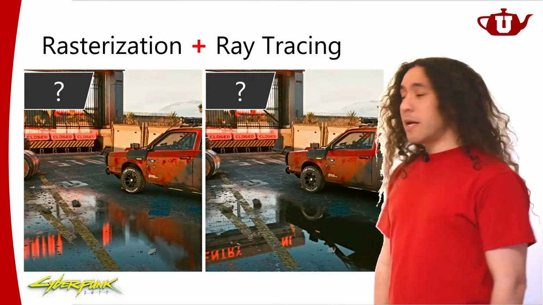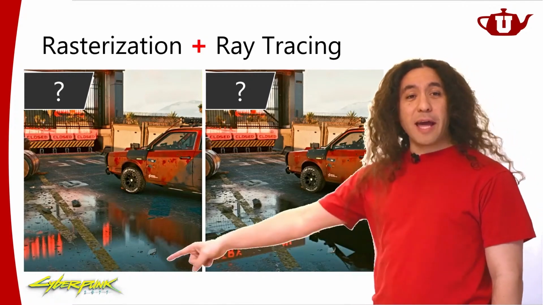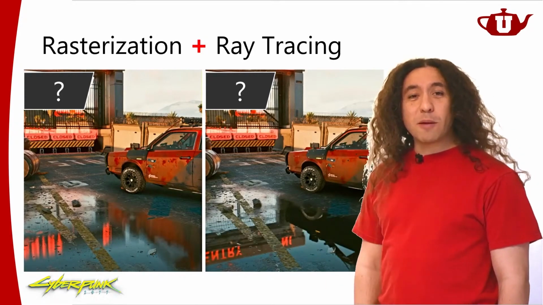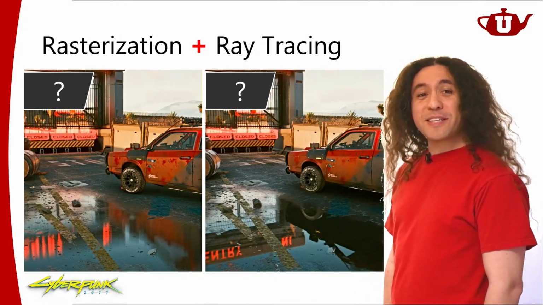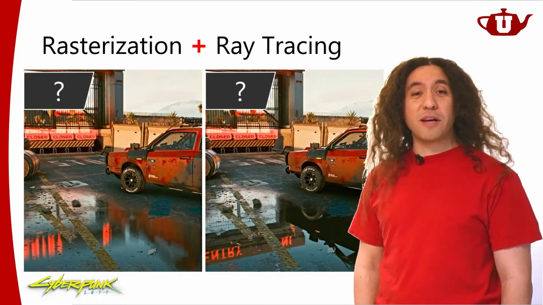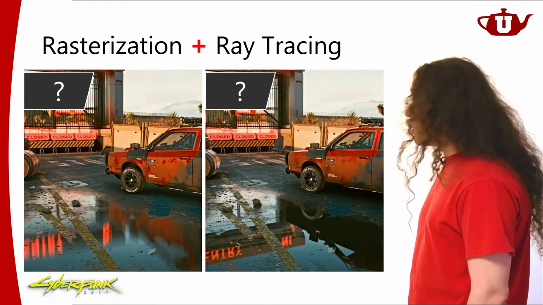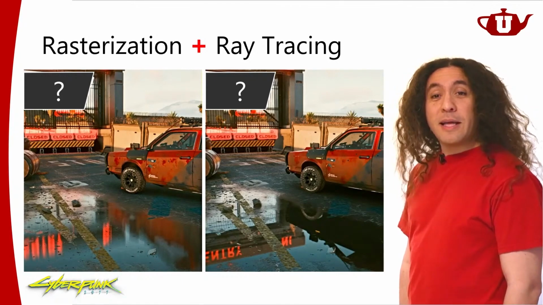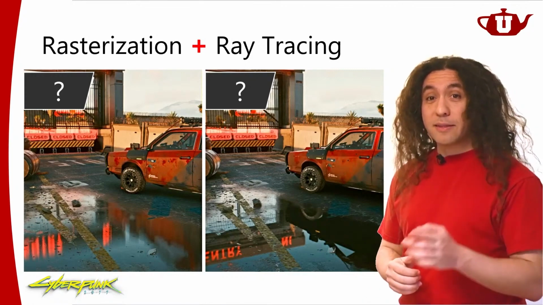So here's a scene from a very recent game, Cyberpunk, and this scene is rendered using two different techniques. One of them is using just rasterization. The other one is using rasterization plus ray tracing. And I'm not showing you which one is which. Looking at this image, can you tell? Now, ray tracing is supposed to be a huge deal, right? And it is a big deal.